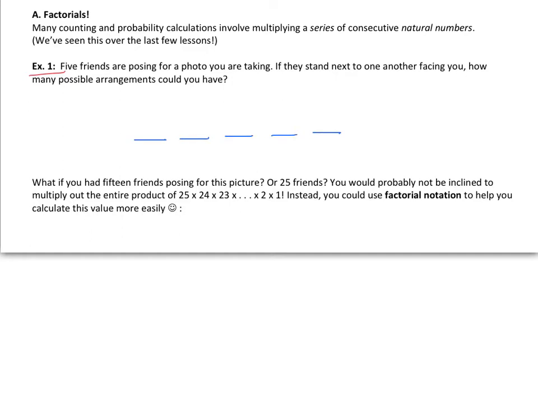So here I've drawn the 5 possible positions for the seating arrangement. So here's seat 1, here's seat 2, here's seat 3, 4, and 5. And since there are 5 people posing, in seat 1, there are 5 different options of people who can sit there.